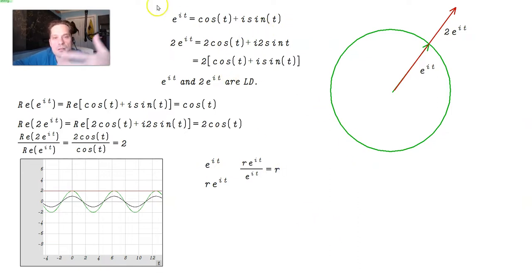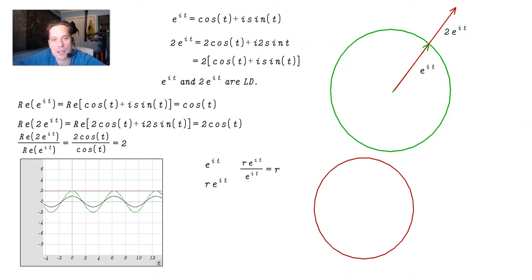In this more general case, you could visualize it like the following. Again, it's a circle. Imagine e^(it) is the basic unit quantity that moves on the circle this way. Let's stop it in this position. Then, depending on the value of r, you get different cases, like this right here.